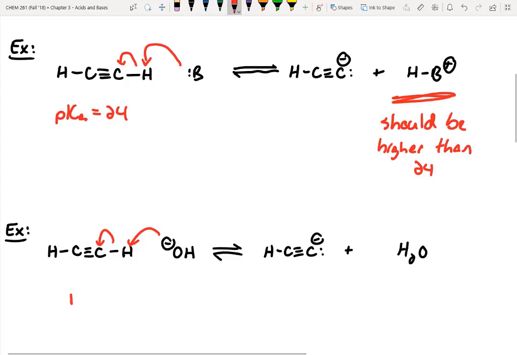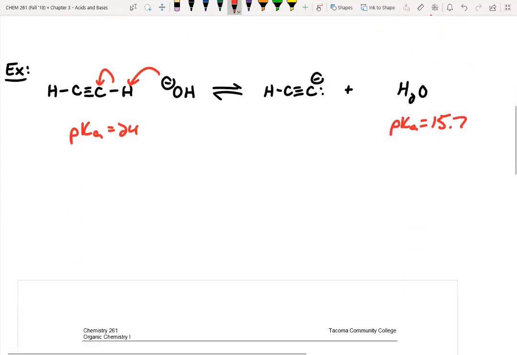Like I said, the pKa is 24 for this. Does anybody remember the pKa for water? 15.7. Will this be an appropriate base for deprotonating the acetylide ion? No. So this is a poor base selection.